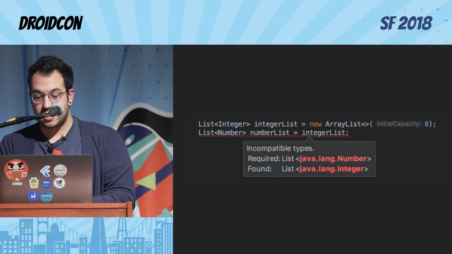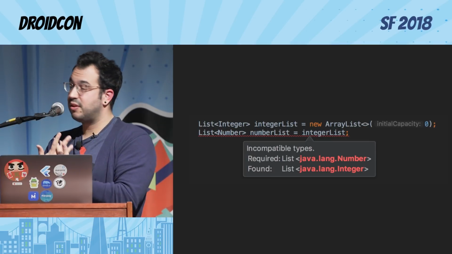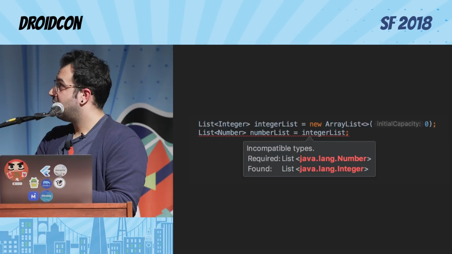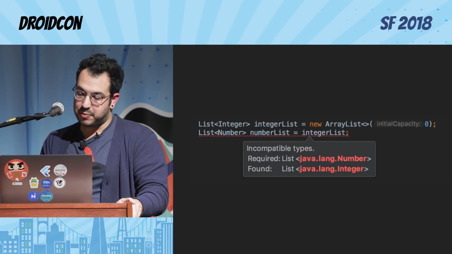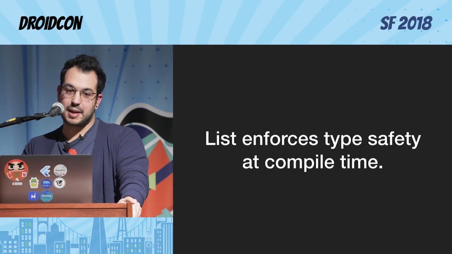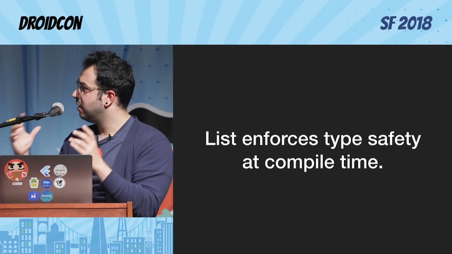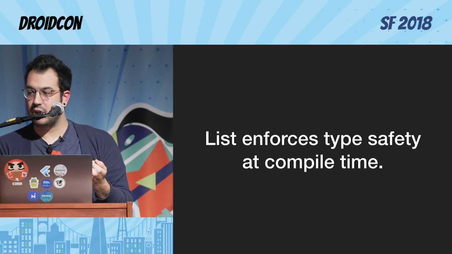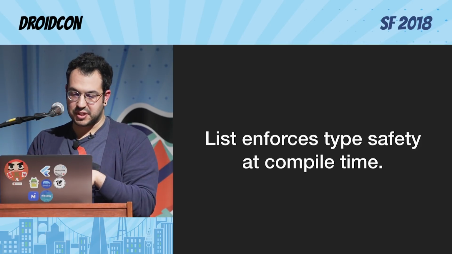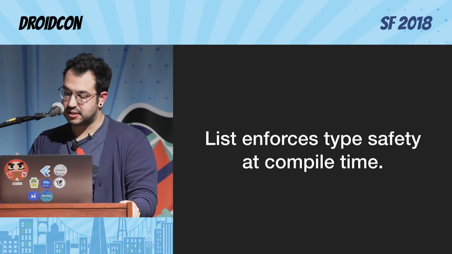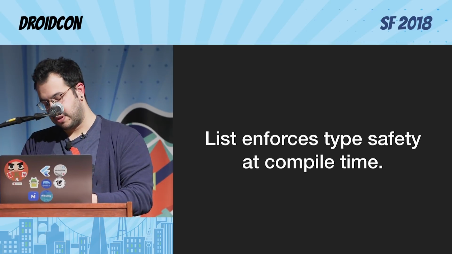So that means that you can never assign a list of Integer into a list of Number. And then you are not going to have this type of issue. It's going to actually enforce the type safety at compile time. We only want code that compiles nice and neat. So when we enforce things at compile time, we know that we are going to be forced to fix them. So this is really important. That's why Effective Java recommends to use List instead of arrays, and some other things too.